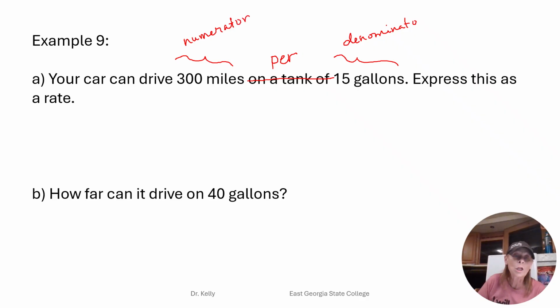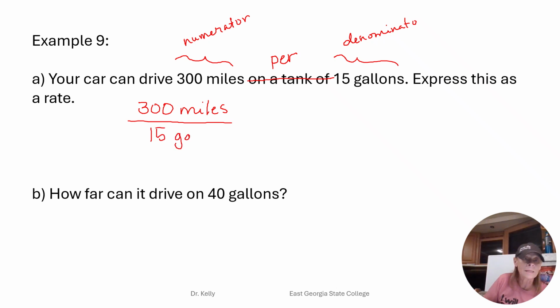You must include the units. So this is going to be 300 miles over 15 gallons. This is the rate. Now, this is a fraction, and fractions you can simplify.